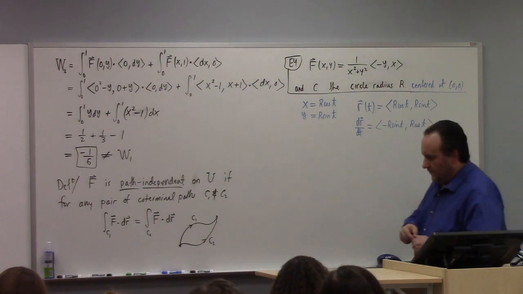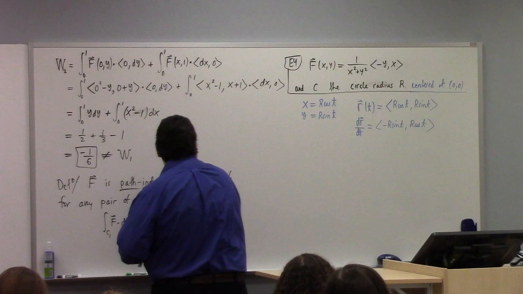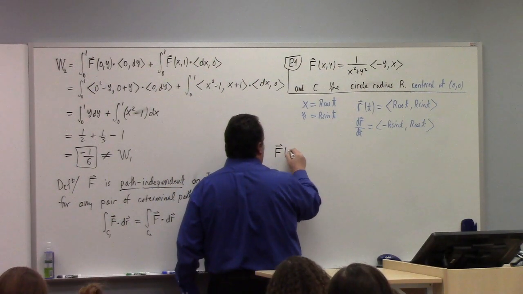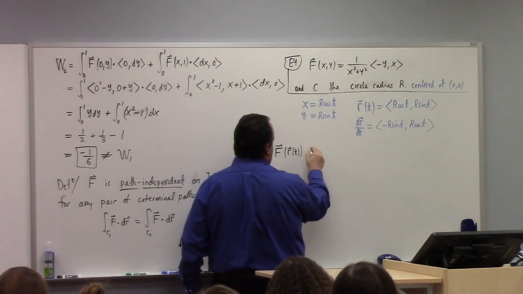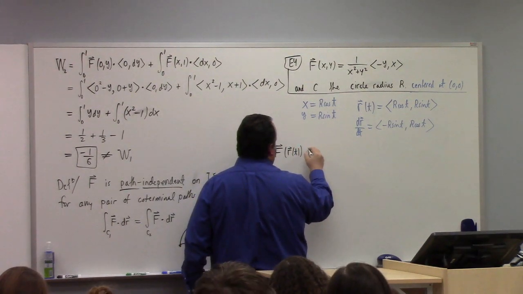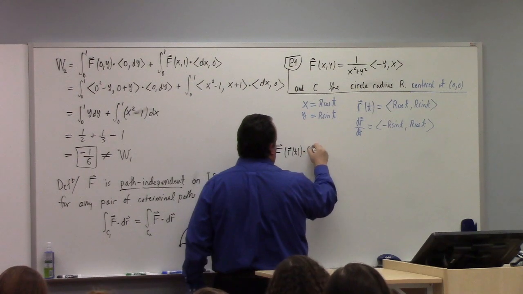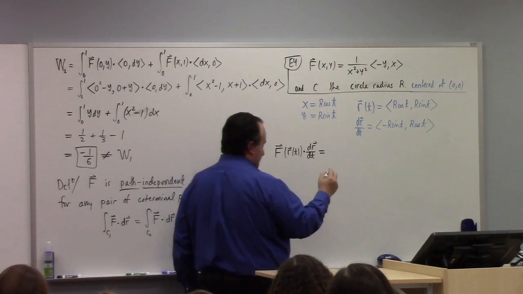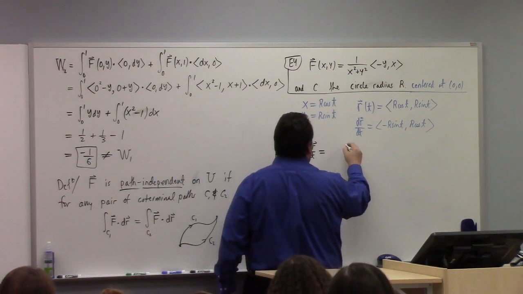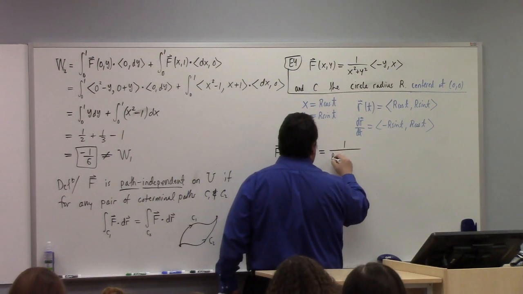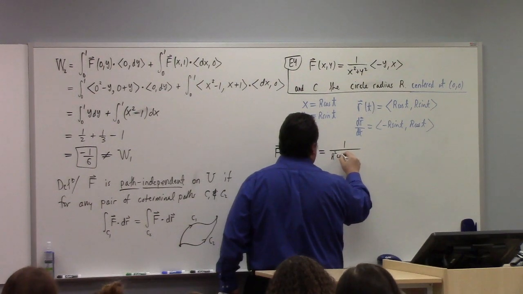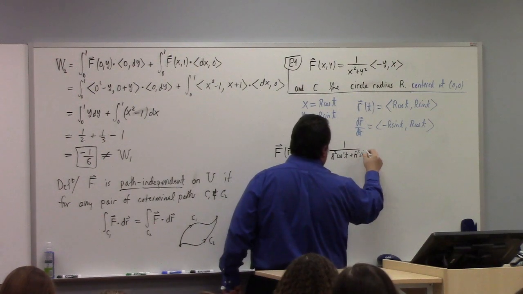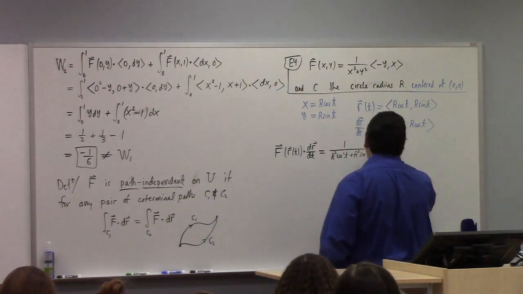So let's calculate the force evaluated at the circle. What do we got? F of r of t. What are we looking at here? Let's take the dot product of that with the r dt. What do we get? So we're talking about 1 over r squared cosine squared t plus r squared sine squared t for my denominator, right?